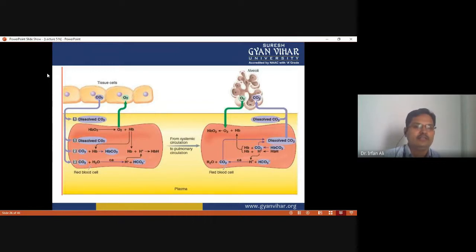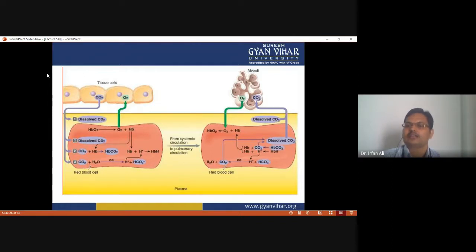And what happens at the site of the lungs? Okay, so just the reverse reaction takes place. You have to see that the dissolved carbon dioxide directly diffuses into the alveoli of the lungs, and the bicarbonate combined with the hydrogen ion is converted into carbon dioxide and water by the action of carbonic anhydrase, and this carbon dioxide again diffuses into the lung alveoli.